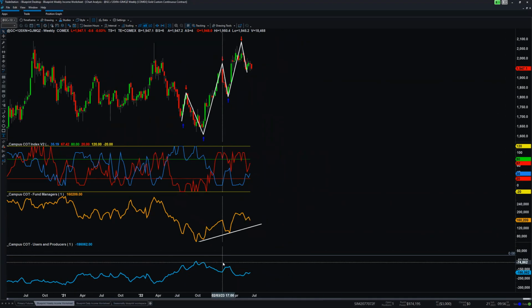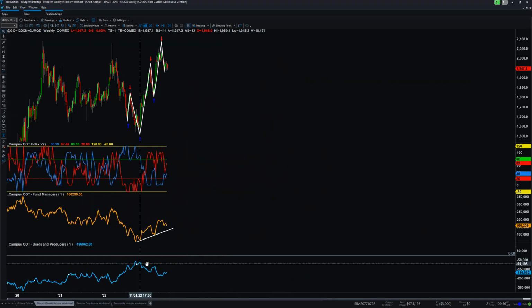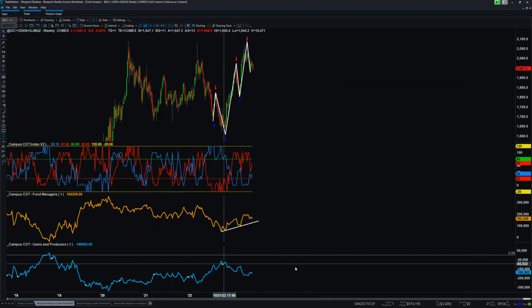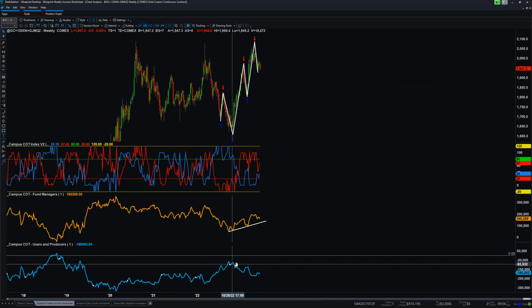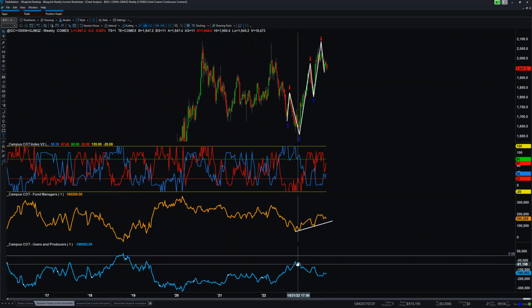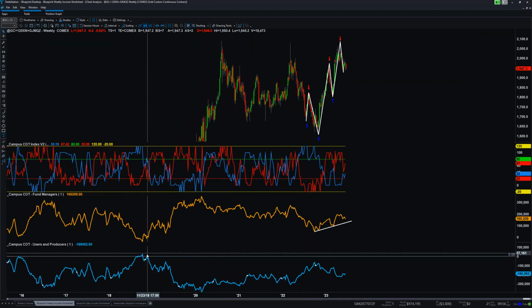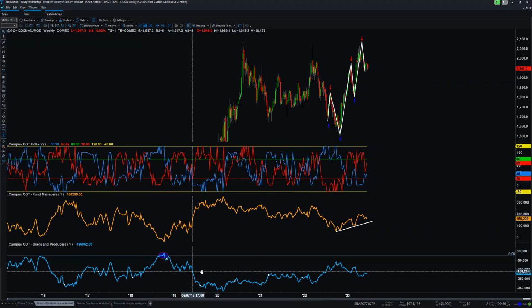If they're below the zero, they're net short. Okay, it doesn't necessarily mean net short and net long usually matters, but for gold, it just so happens that the net long positions that were shown in the past led to multi-year bull markets.